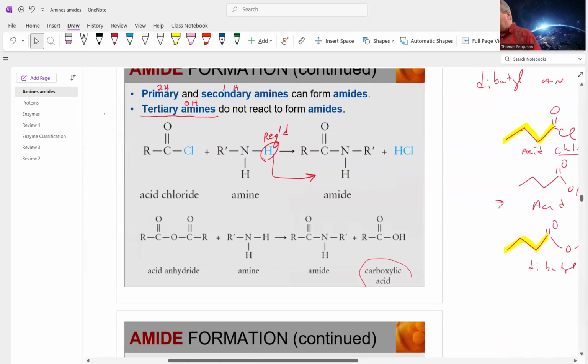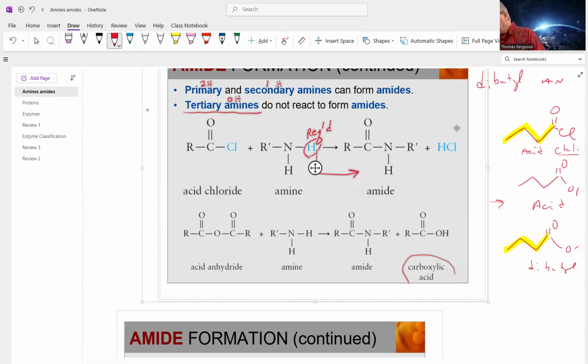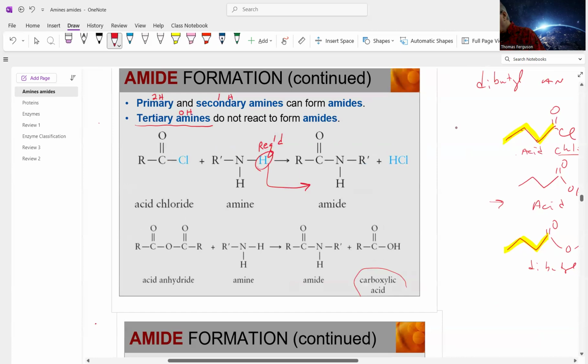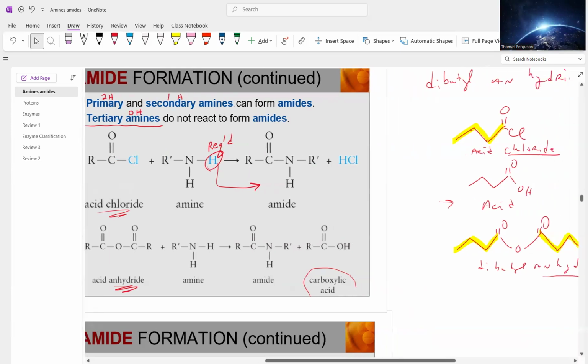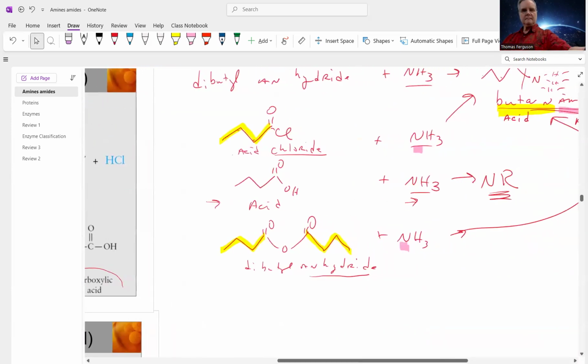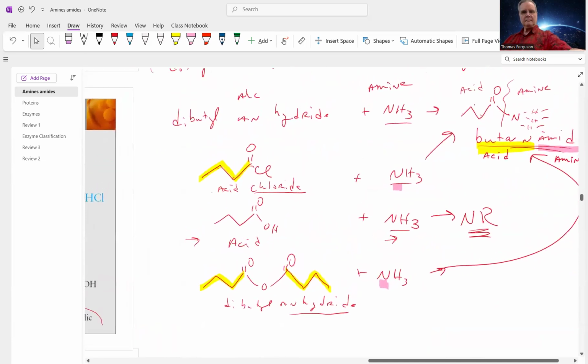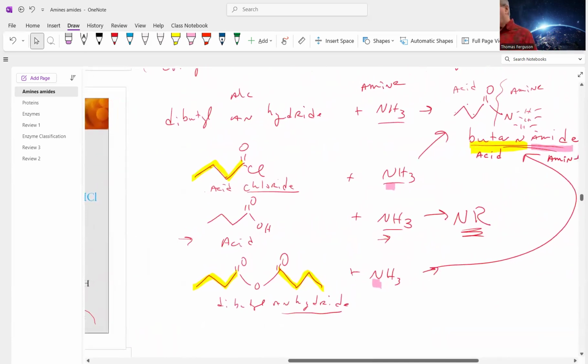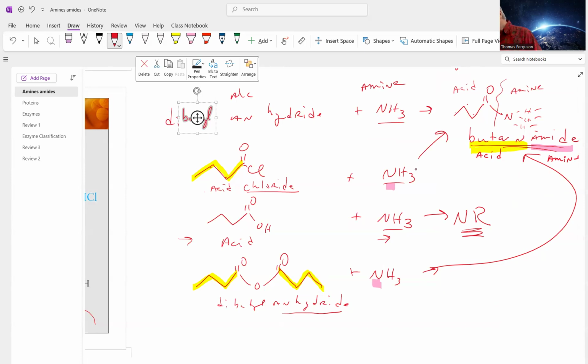So just like esters, acid chloride and anhydride are the two main ways you make an amide. So the acid chloride, highest yield.